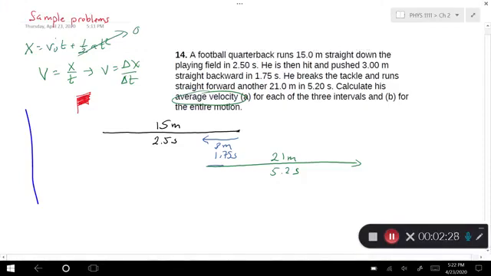Now, I want to put a red flag right here. This is a dangerous equation because it doesn't always work this way. The first equation, x equals v initial t plus 1/2 a t squared, is always true, but this equation here is only true if the acceleration is 0. Remember in the previous videos I've talked about making sure you really work from those 3 basic equations.